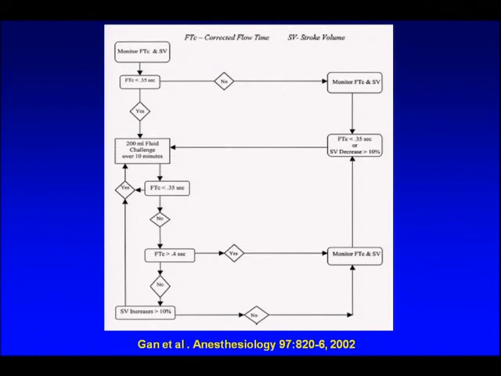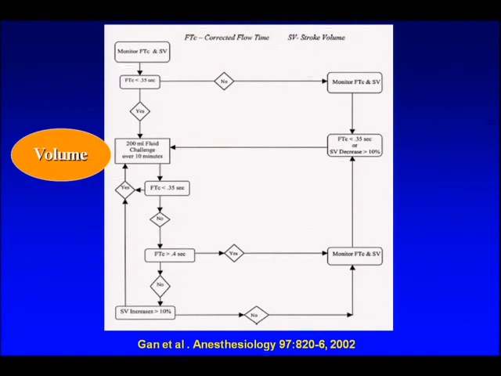Essentially, this study looked at, first of all, volume optimization. And again, to go back to basics, you've got to make sure that the volume is optimized. So using the esophageal Doppler monitors, we use volume to optimize cardiac output and stroke volume, getting up the top of the Starling's curve.